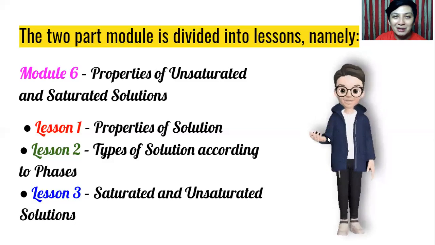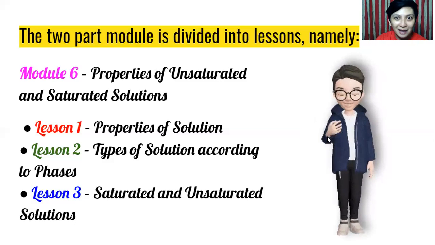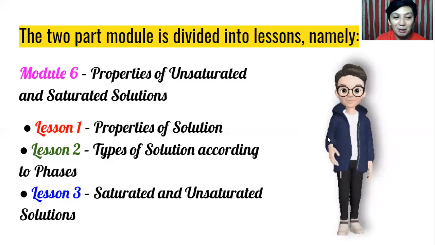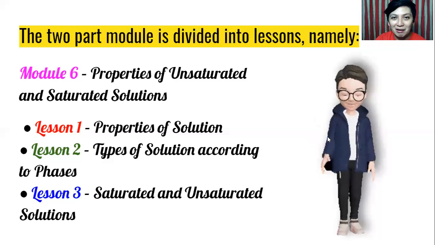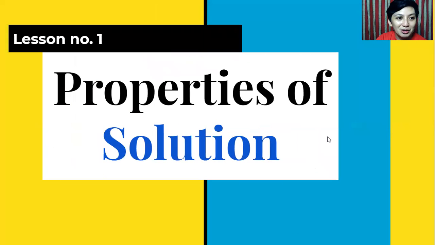So ito na yung phases of matter. Remember, solid, liquid, and gas. So we are all going to tackle about that. And lesson number 3, we have saturated and unsaturated solutions. Okay. And to start with, for our lesson number 1, we will first discuss properties of solution.